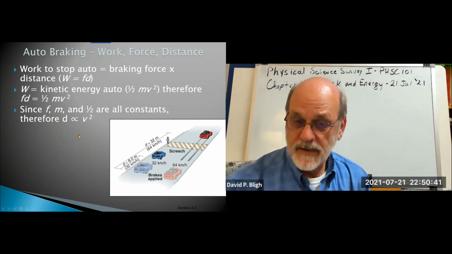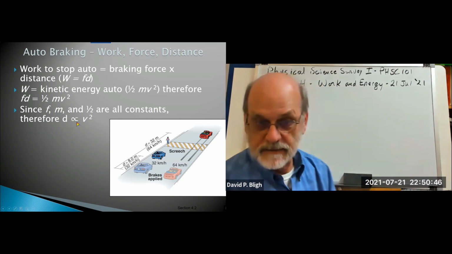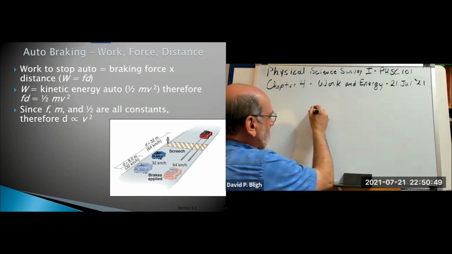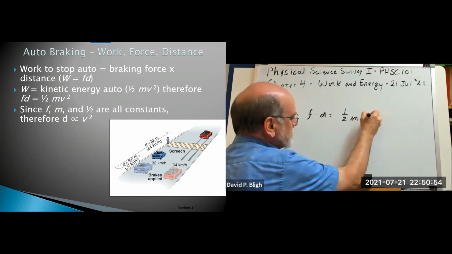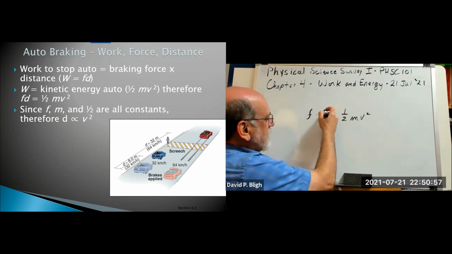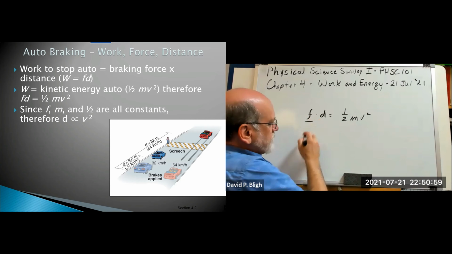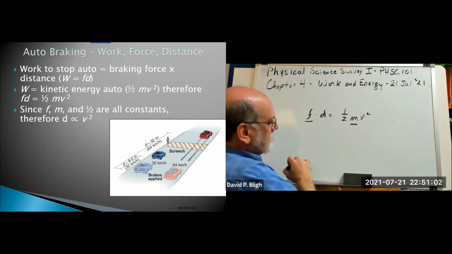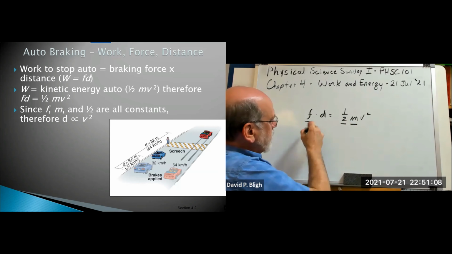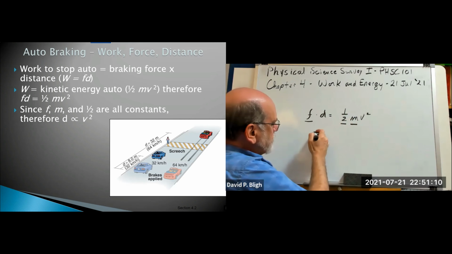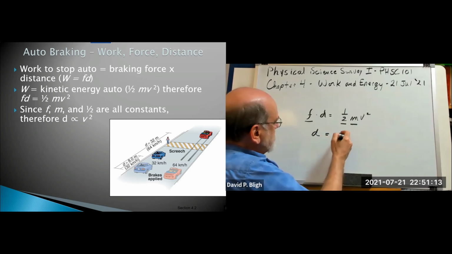If that's the case, then the distance required to stop depends on the velocity, right? If we have force applied through a distance is equal to 1/2 mv squared, and the force applied is a constant, the mass is a constant, then we can combine these terms into a constant and say d equals m over 2f, times v squared.